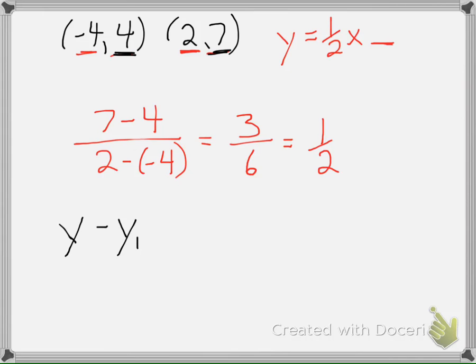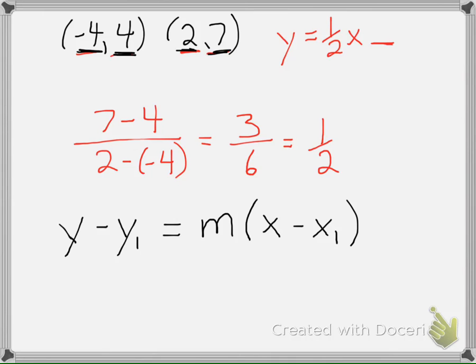Okay? Then that's going to equal m, which remember m is just your slope, times x minus x1. Again here, x is the variable x, whereas x1 is either -4 or +2, depending on which value you used as y1. So we can pick any point that we want here.